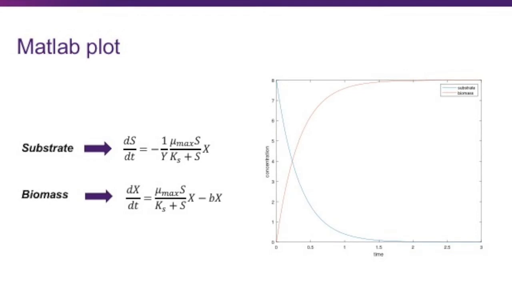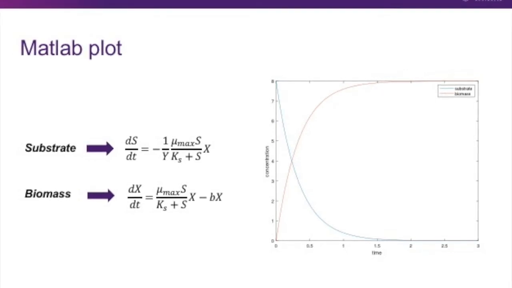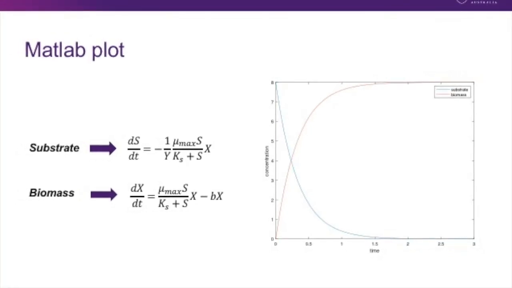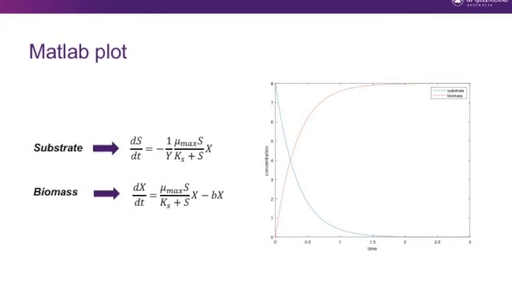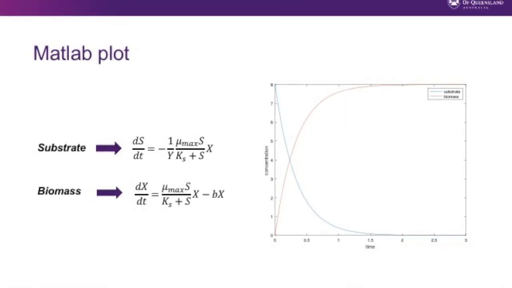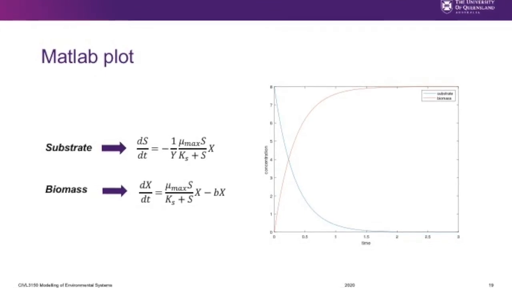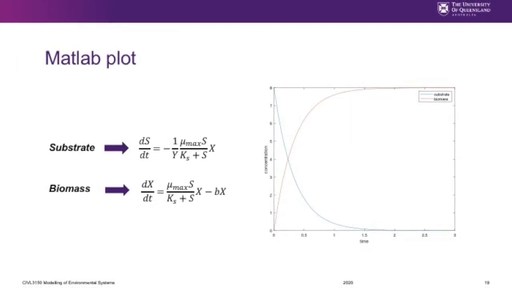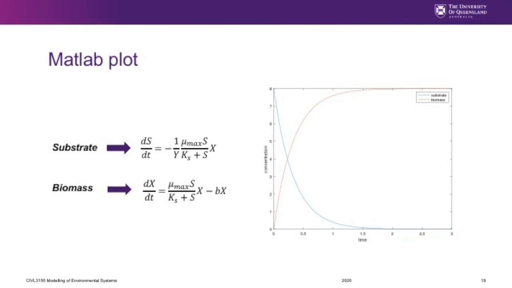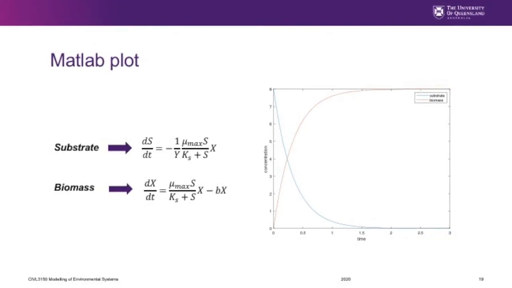So this is not yet an environmental model, it's more just the plot of the description of these equations in terms of concentration, that can lead us to the description of the increase in the biomass as a function of the depletion of the substrate. All right?